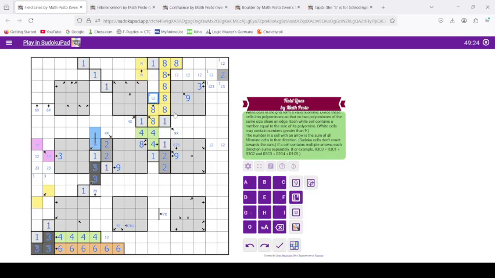If this were 1, though, what would this be? 2 means 6 more, which means this would also be a 3. But then it would break over here. So this one has to be a 2. Oopsie daisy. This is a 3.